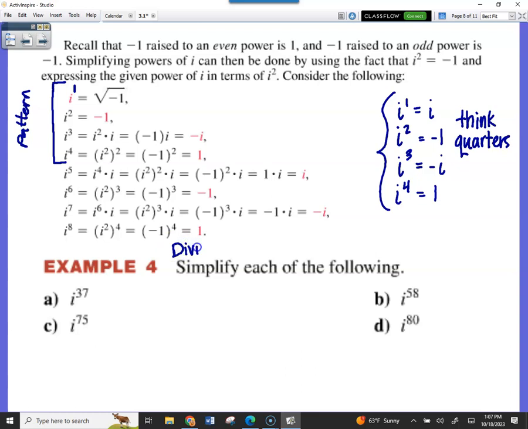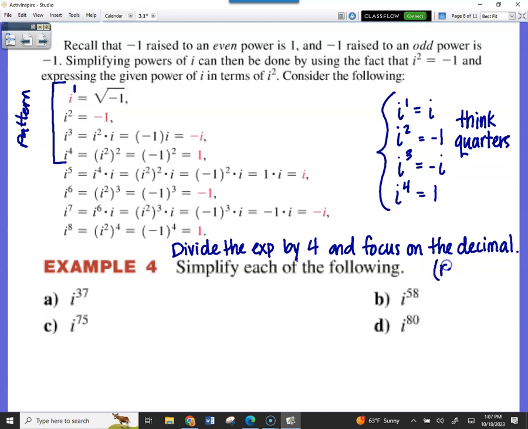You're going to divide the exponent by 4 and focus on the decimal. The decimal, if you recall when you first learned about division, is what we used to call the remainder. Remember that? So for instance, 9 divided by 4. Well, it goes 2 times for sure. But 2 times 4 is 8, so there's a remainder of 1, or 0.25.